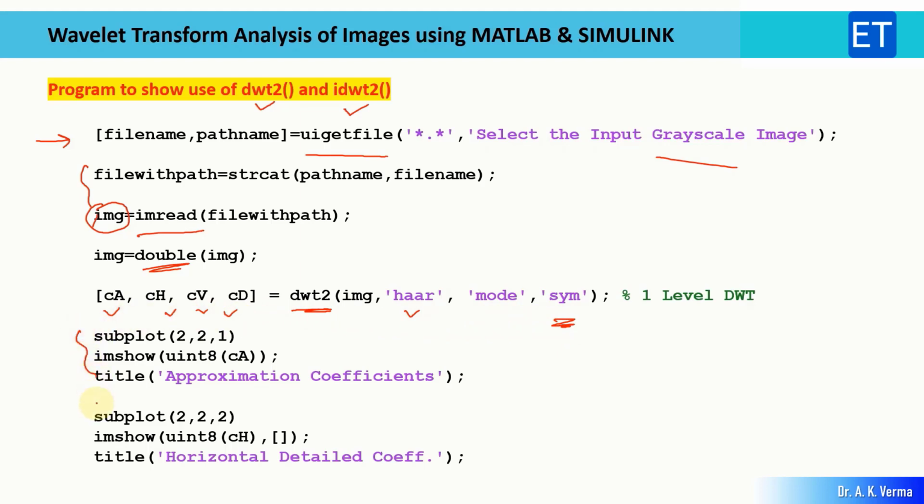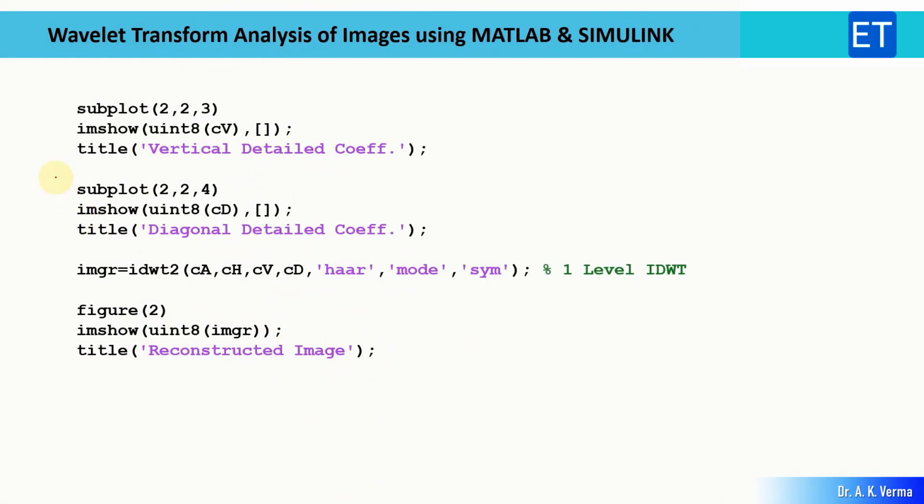And these are some plot commands to plot all these matrices, I mean CA, CH, CV, CD. And this is the inverse wavelet transform. That means we have passed all 4 matrices, the name of the wavelet and the signal extension mode, and we get our signal back. So this is our reconstructed image, and this reconstructed image is also shown here.